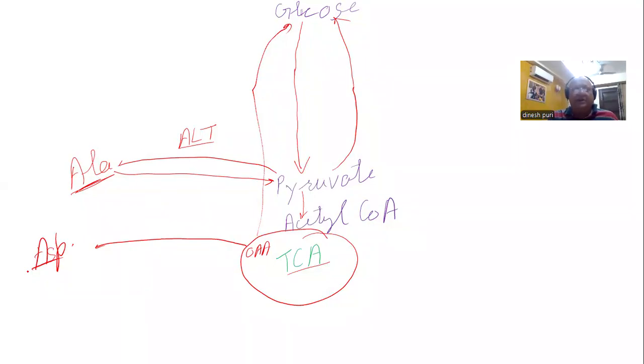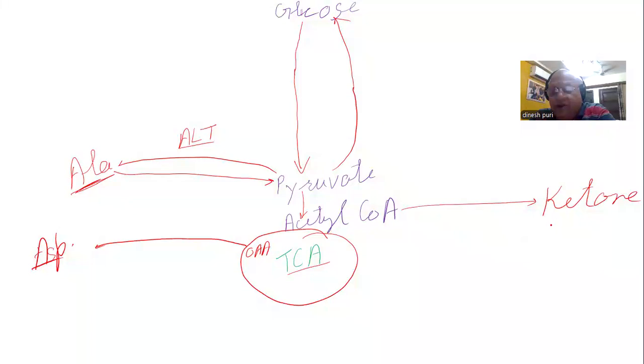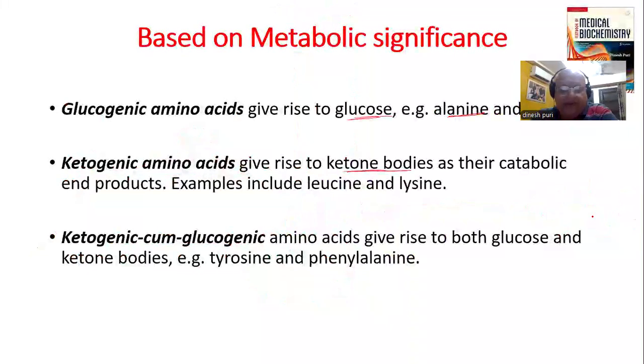What are ketogenic amino acids? Some amino acids form acetyl coenzyme A. Acetyl coenzyme A cannot form glucose, but it can form something called ketone bodies. So these amino acids will be called ketogenic amino acids.